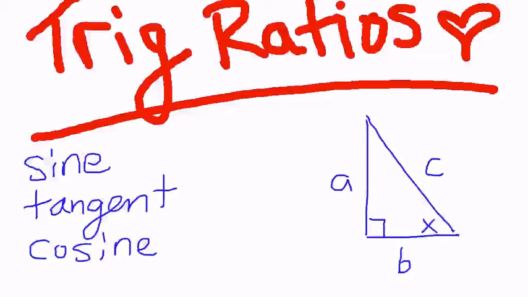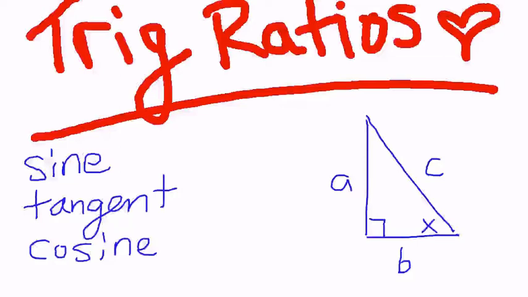Let's talk about trigonometric ratios and how we can use them to solve problems with triangles. There's three common trig functions that are really useful to help us solve things with triangles: sine, tangent, and cosine.